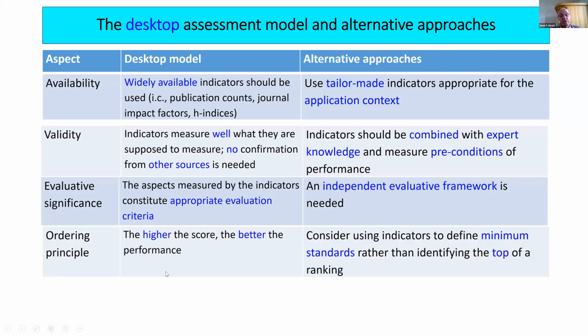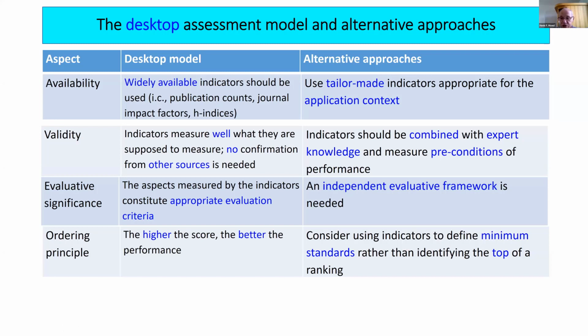Then there is always this assumption: the higher the score, the better the performance. But that is too simplistic. One example of an alternative approach is that you use indicators to define minimum standards rather than identifying the top of a ranking.